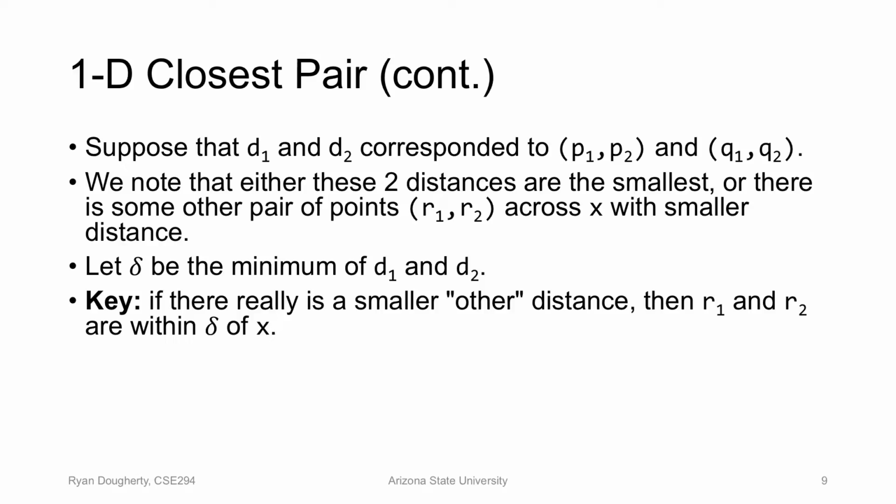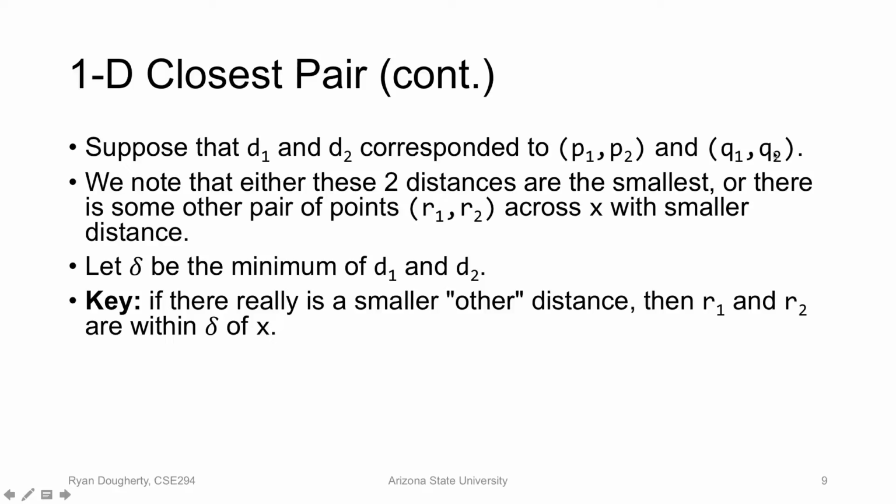Well, let's see. Let's say x is right here and delta is out here. And let's say R1 and R2 have a distance that's larger than delta away. Well, that means they must have had a smaller distance than any other one, because we would have caught it in P1, P2, and Q1 and Q2, but we didn't.